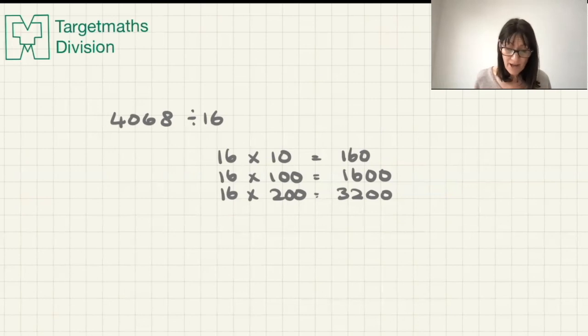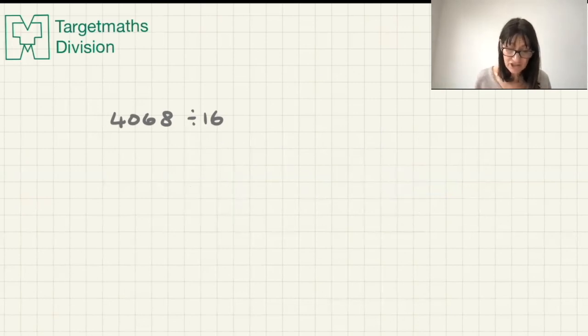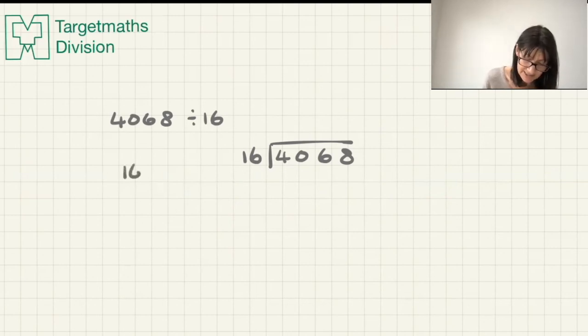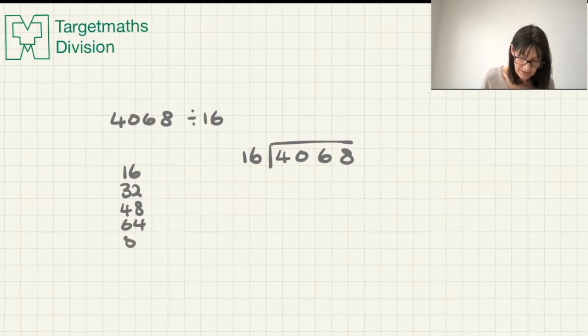The only other way to do it, of course, is to just go straight into your bus shelter. So I've got 4068 that I'm going to put straight in with the 16. And then actually write some of the 16 times table. So 16, double it, 32, add those, and I've got 48, then I've got 64. And you'd keep going. 80 is the next one, and 96 is the next one.